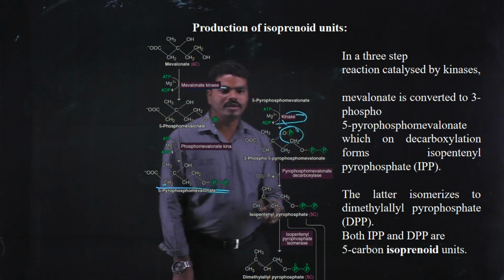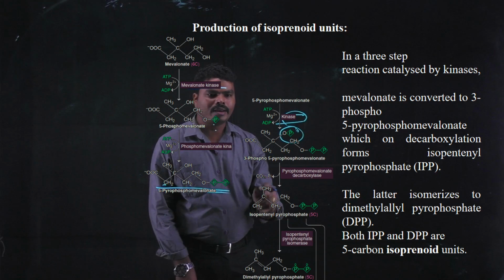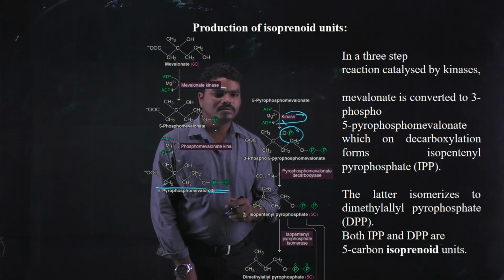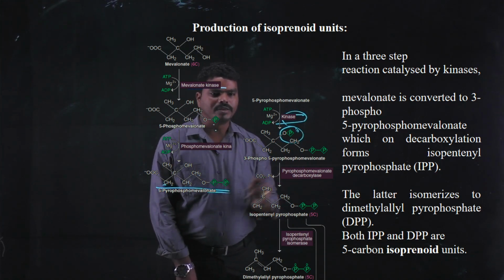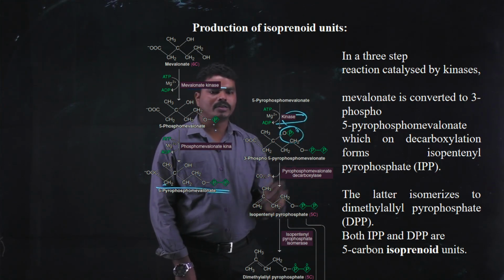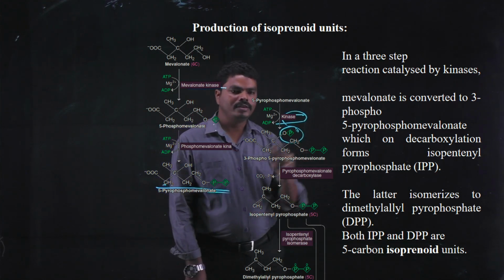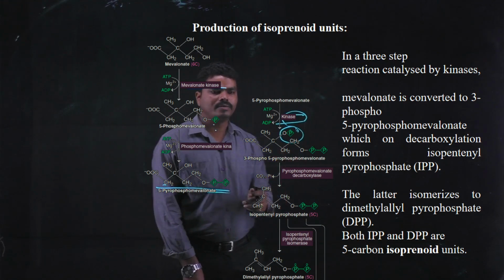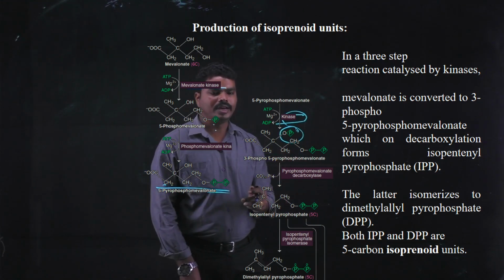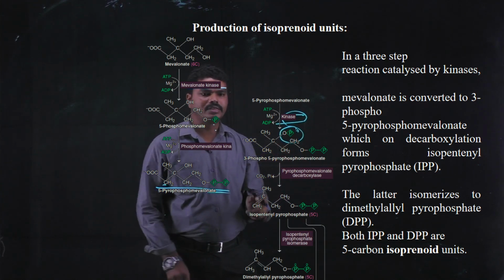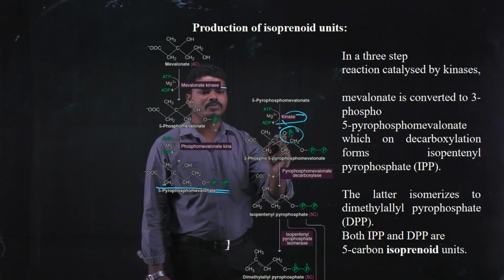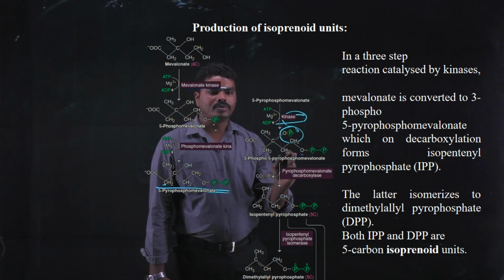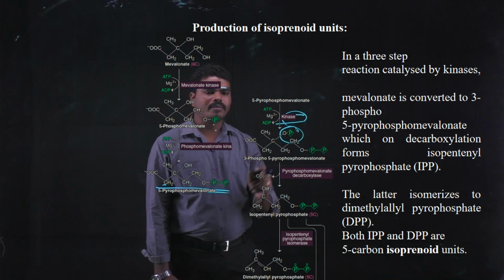Then this 3-phospho-5-pyrophosphomevalonate is converted into isopentenyl pyrophosphate. This is catalyzed by the enzyme pyrophosphomevalonate decarboxylase. This enzyme will catalyze the conversion of 3-phospho-5-pyrophosphomevalonate to isopentenyl pyrophosphate.